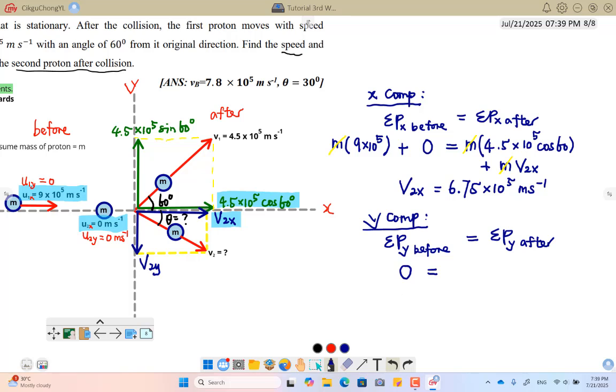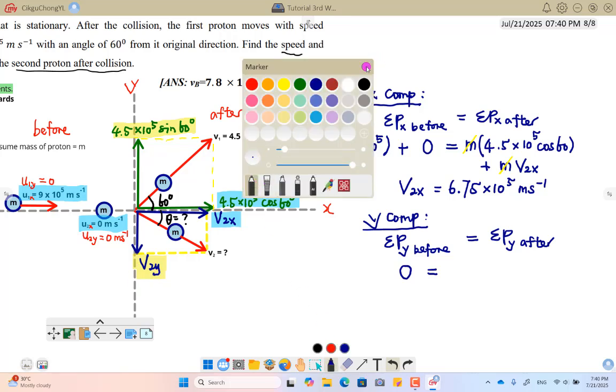How about after collision? After collision, you can see obviously the first proton is moving with a velocity of 4.5 to the power of 5 sin 60 along the y-axis. And the second proton is moving with a velocity v2y, which is unknown and which we want to determine.